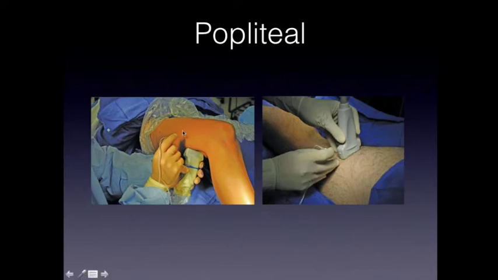Then it's faster to perform the block, especially when you combine the sciatic nerve block with, for example, an adductor canal block or a Stephanos block. You have to perform two, and if you have to turn the patient and then turn the patient back, it's very time consuming. This is a very nice approach in which you don't have to change the patient position, and you have, let's say, a shorter time for performance.